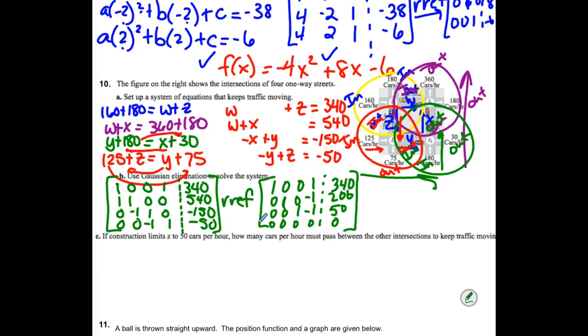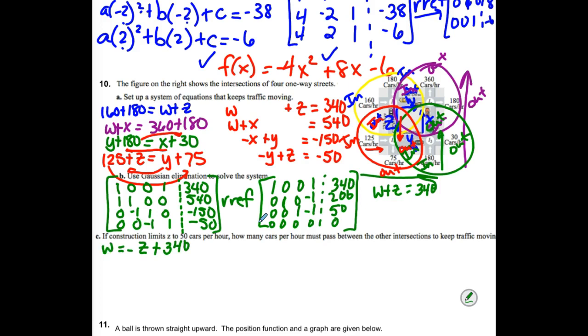Part C gives you one specific value to try for Z and tell me what the others would have to be, okay? So to solve it, I'm going to have to see what you're coming up with for equations. So this top row would tell me that W plus Z equals 340. Yes? So if I solve that for W, what would I get? Okay. Negative Z plus 340 equals W.